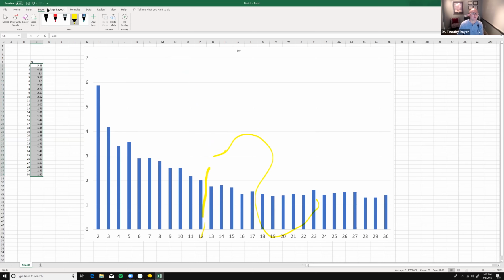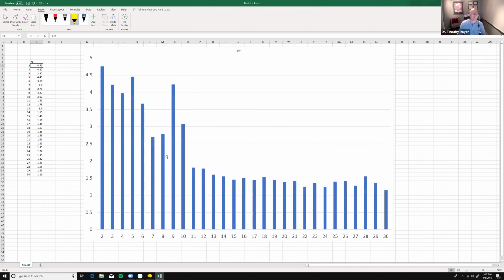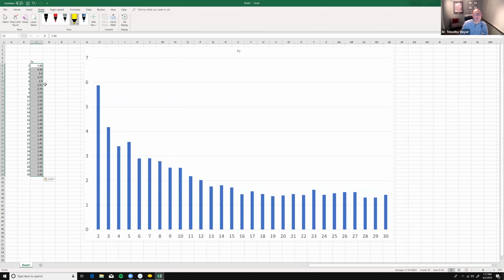So anything from 12 and lower would be the parasympathetic brainwaves. Anything from 20 and higher would be the fast brainwaves.